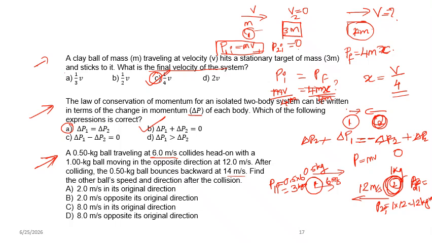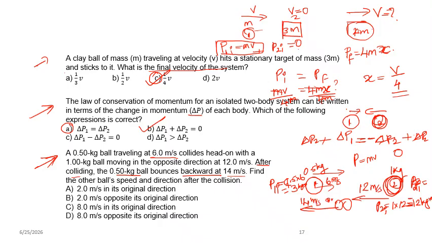Now what is the speciality? This ball is moving to the right side, so its momentum must be positive, and this one must be negative. Now let us read and continue. After colliding, the 0.5 kg ball is returning backward with a velocity of 14 meters per second.